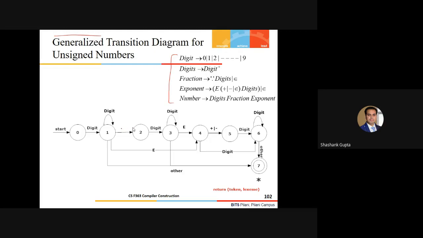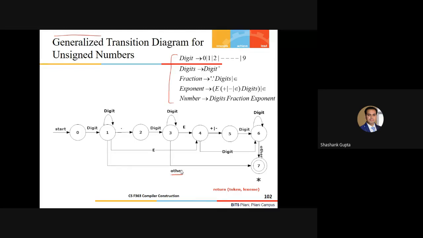But it is quite possible that the lexical analyzer will simply return me the integer, without the fractional part, without the exponent part. So what we did here from state 1 to state 7, we have taken one transition of others here. Fine. Now, let me ask you the question. According to you, what is the definition of others here?